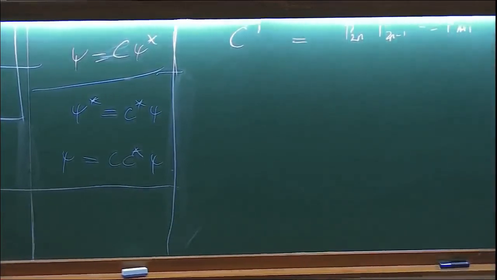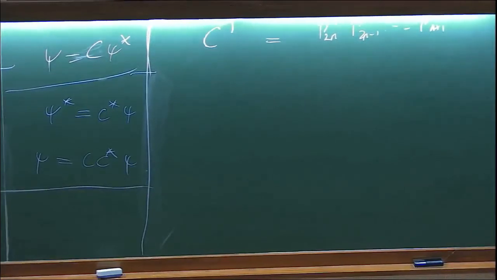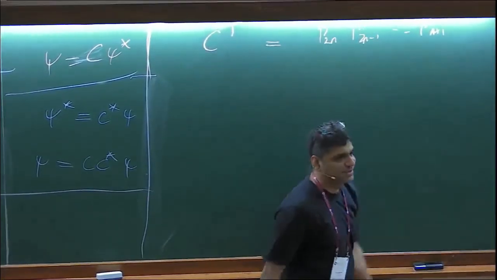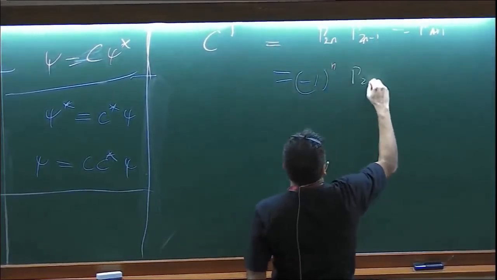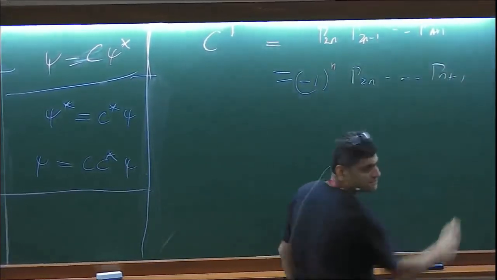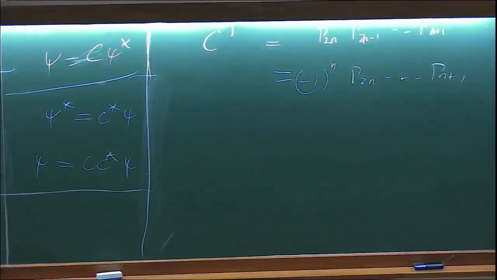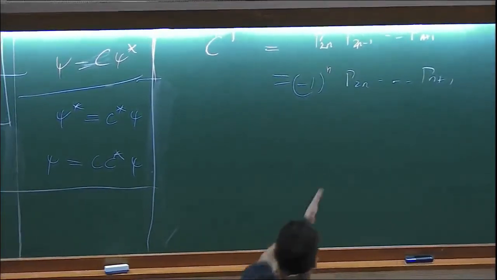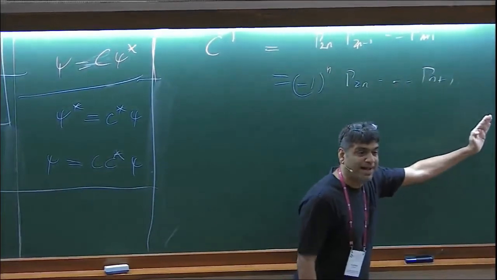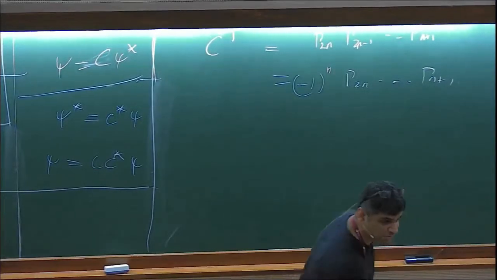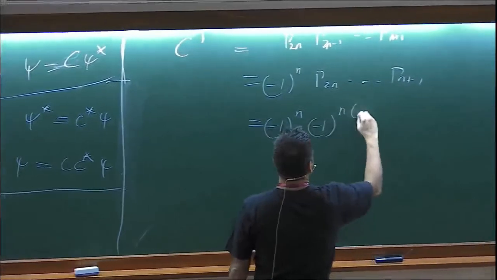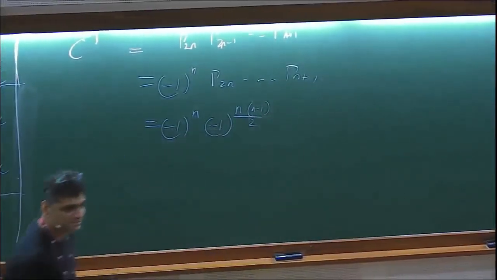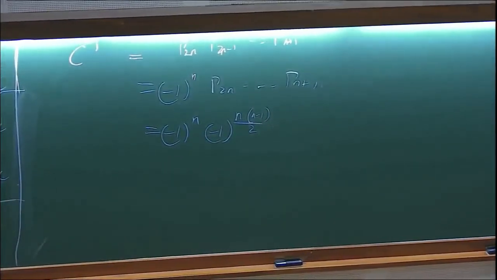I just transpose the definition of C. Now, we know all of these were antisymmetric. So that is equal to minus 1 to the power n times gamma 2n down to gamma n plus 1. And now I want to reorder the gammas so they come back in the order they're supposed to be in. The first reordering gives me a factor of minus 1 to the power n minus 1, next n minus 2, and so on. So we get minus 1 to the power n times minus 1 to the power n(n minus 1)/2 times C.